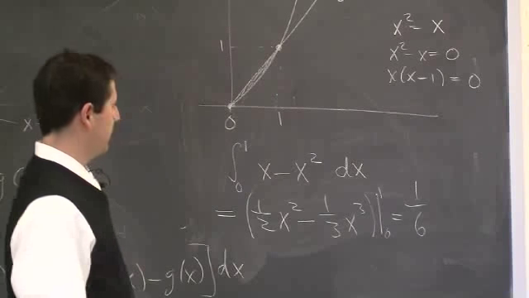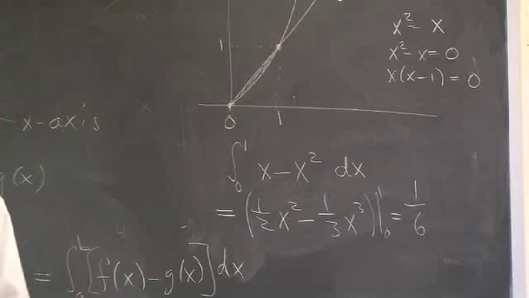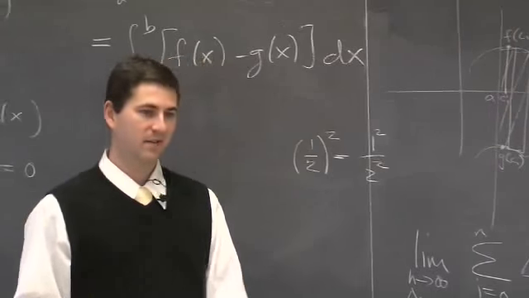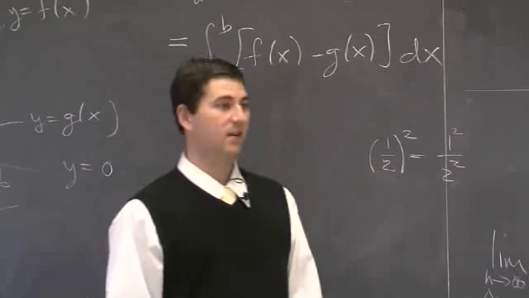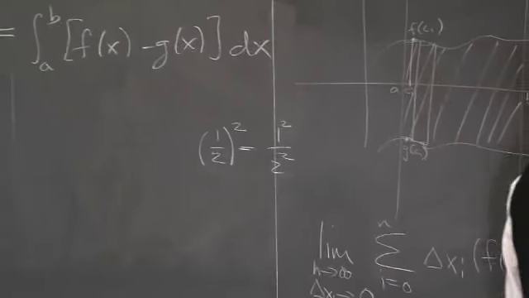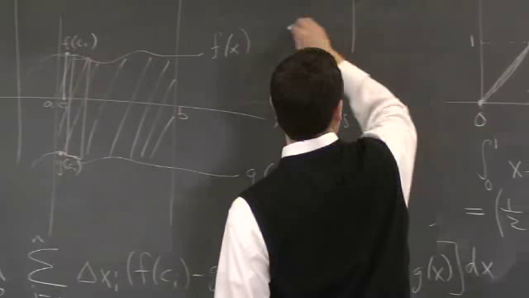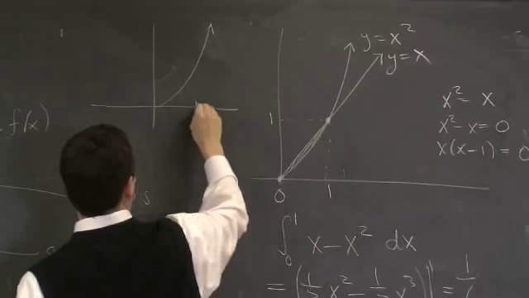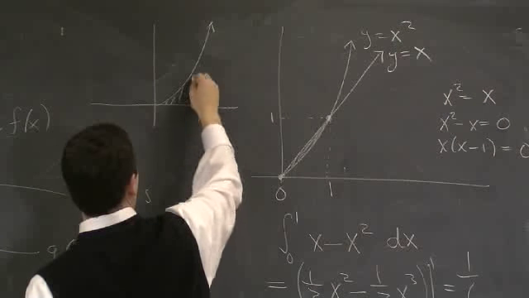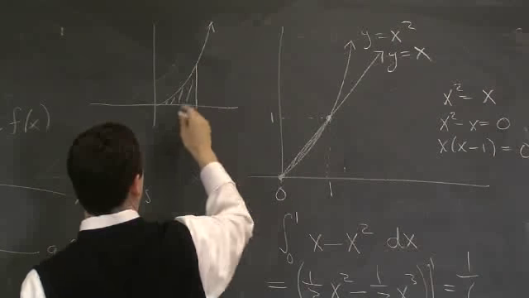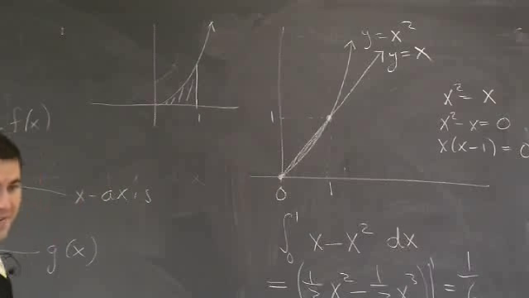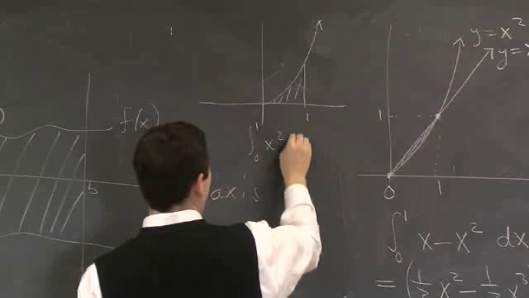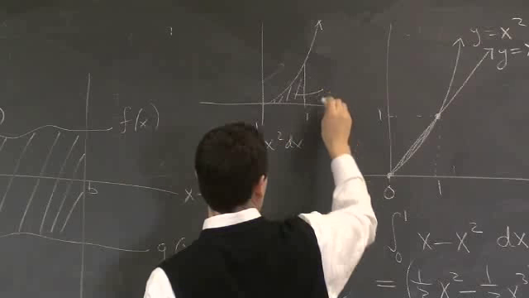Now, there was another way we could have determined that based on something we've already done. Yesterday, we computed the area under the curve y equals x squared between 0 and 1. We did this integral from 0 to 1 of x squared. Do you guys remember what this turned out to be?